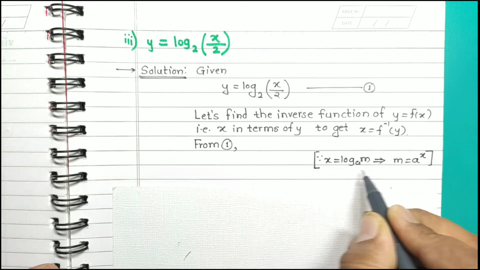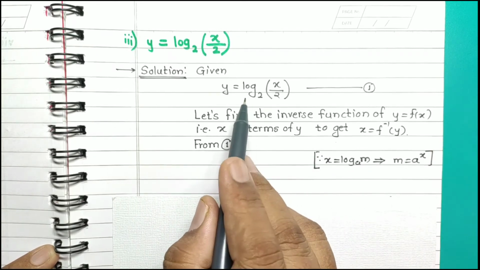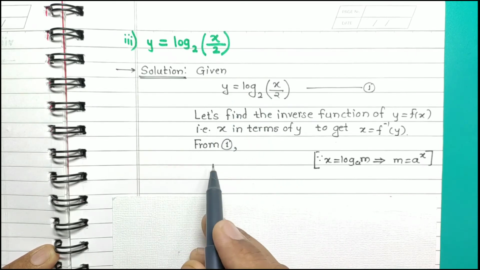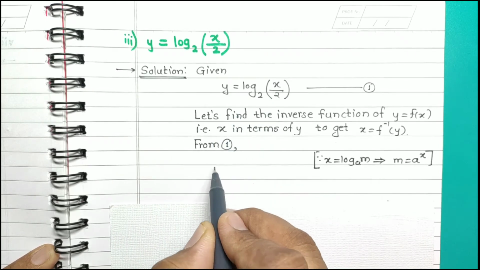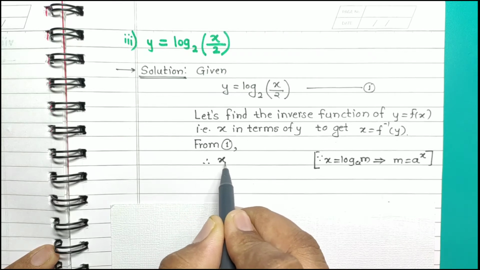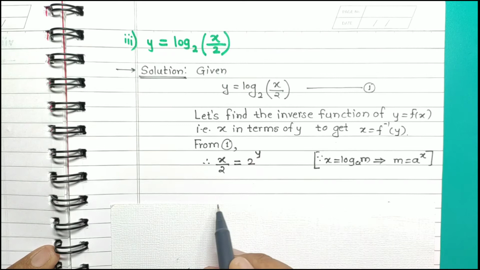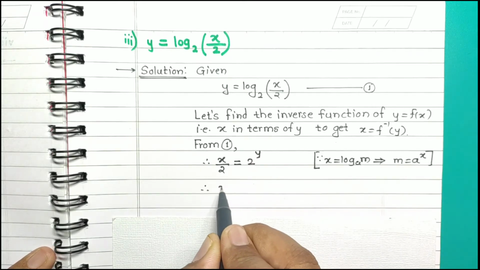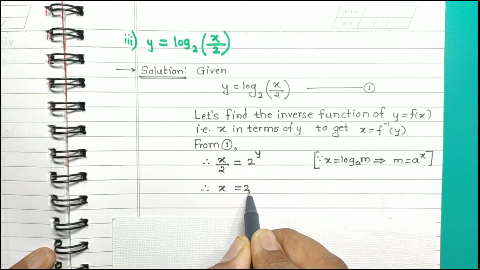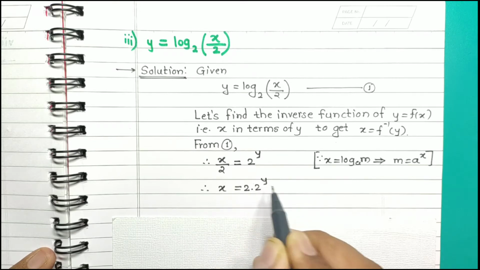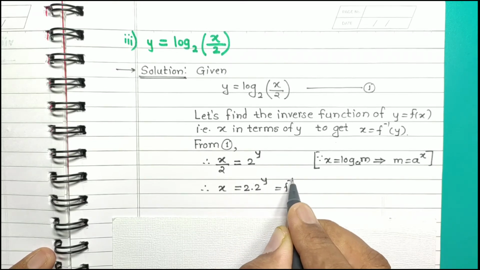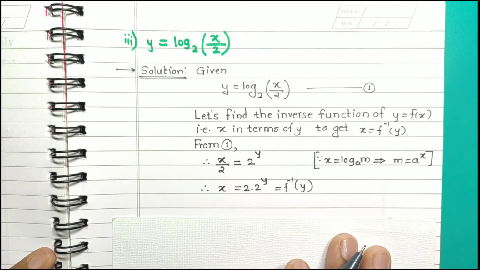So using this result, from 1 we have x by 2 is equal to 2 raised to y. Therefore x is equal to 2 into 2 raised to y. This is nothing but the inverse function of y, f inverse of y.